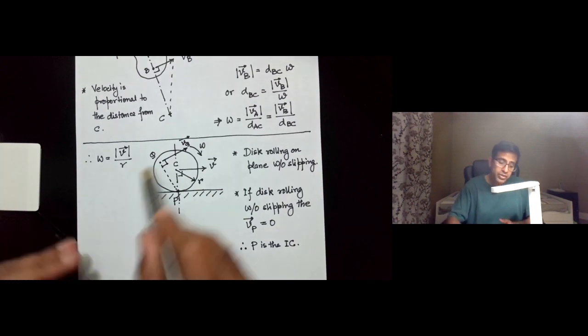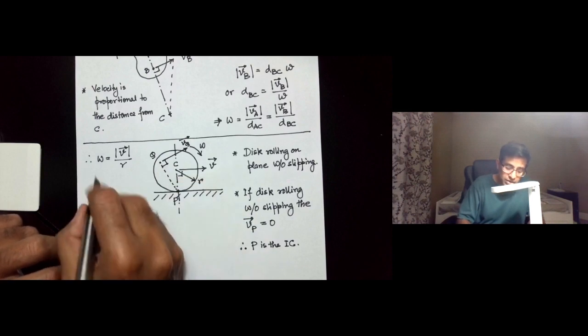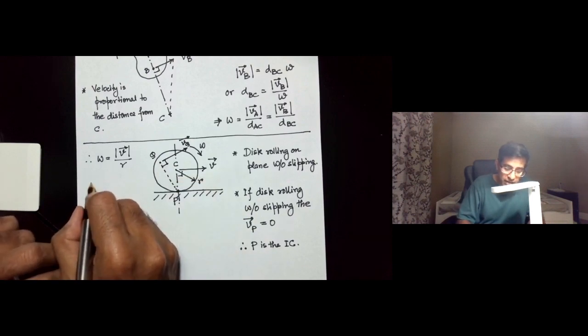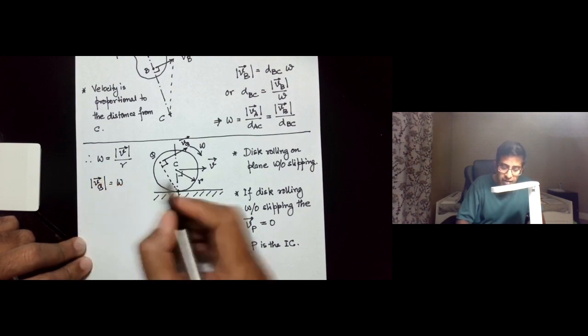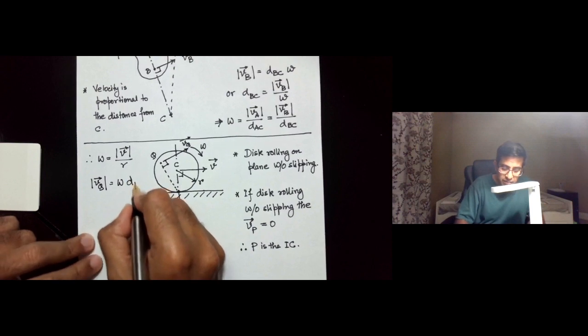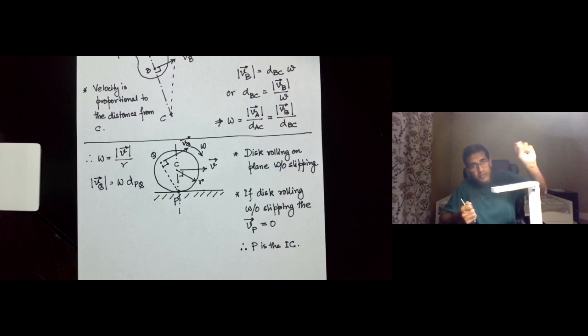And in fact, I not only know the direction because it's perpendicular to this line, I also know the magnitude because I know that the magnitude of VQ is equal to omega times the distance PQ. So if I choose a point on the disk and I know exactly the distance of the point Q from the point P, then from the angular velocity I can find the velocity of the point Q.